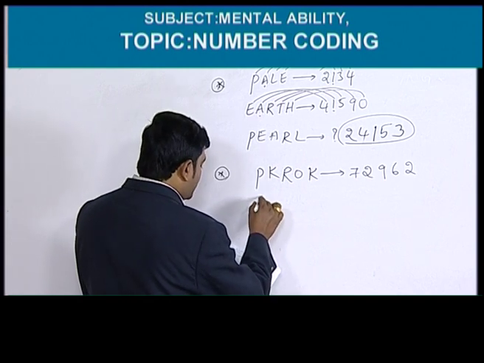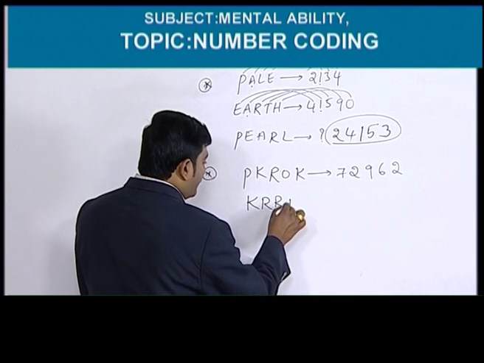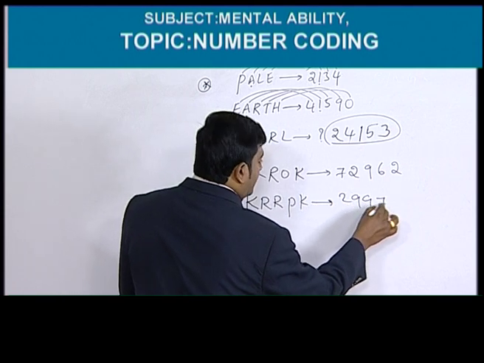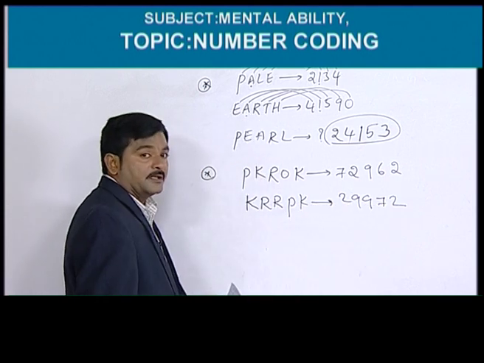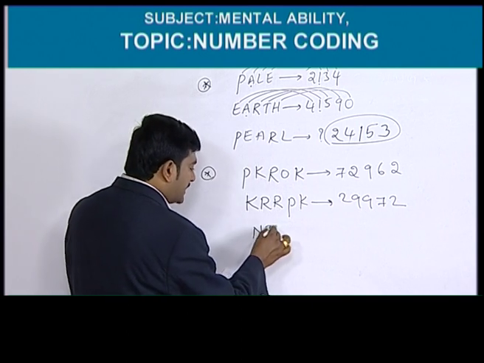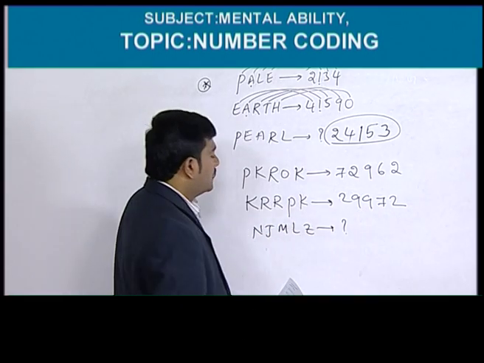And one more word is also given. In the same language, KRRPK is written as 29972. Then he asked to find the code for the word NJMLZ.